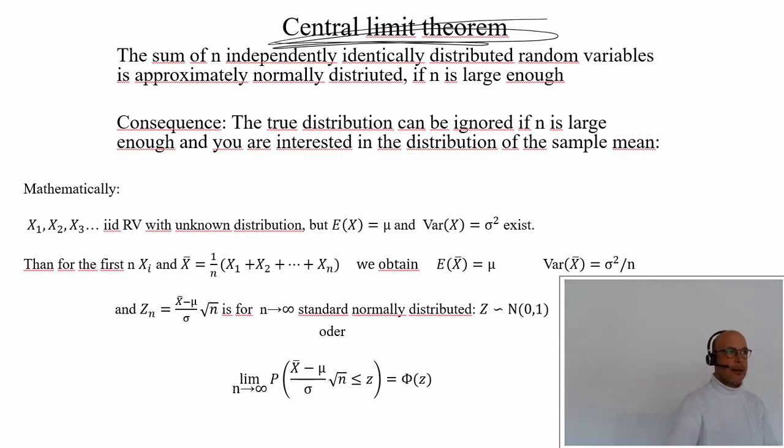We already said the arithmetic mean is calculated as the average sum of our single variables, and the overall expected value is just mu. Here you see the scaling of the variance with 1 over n, and this means the scaling of the standard deviation with 1 over square root of n.